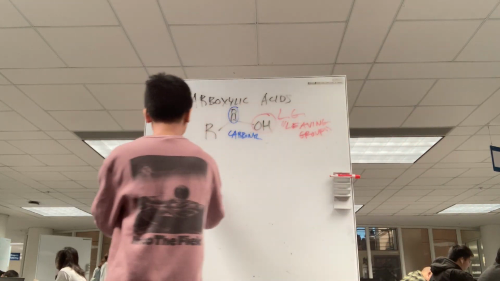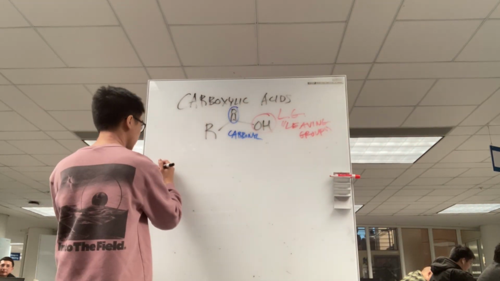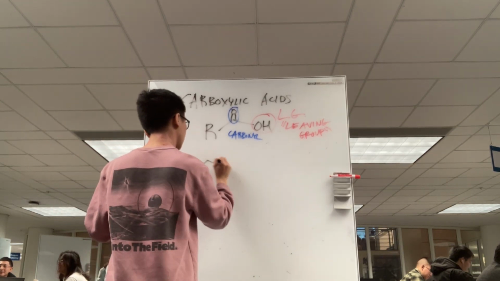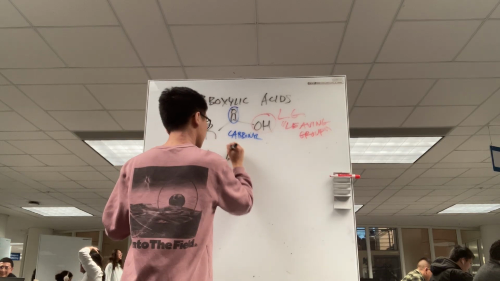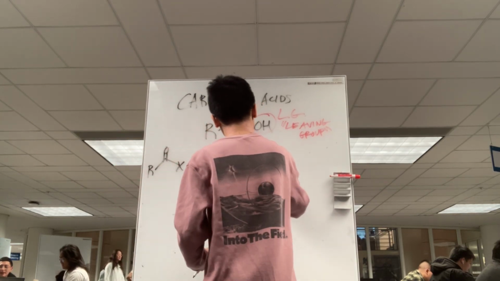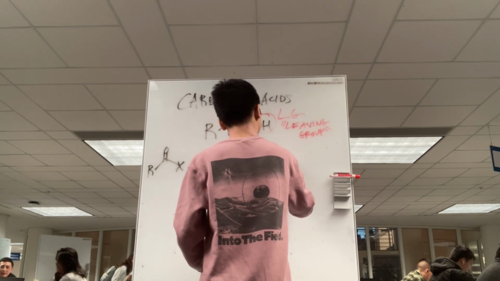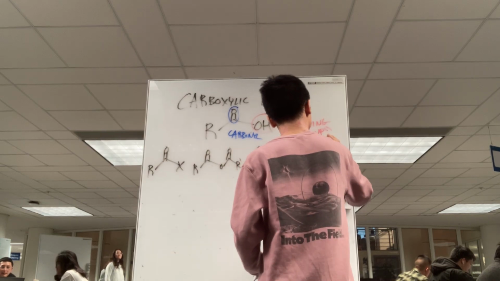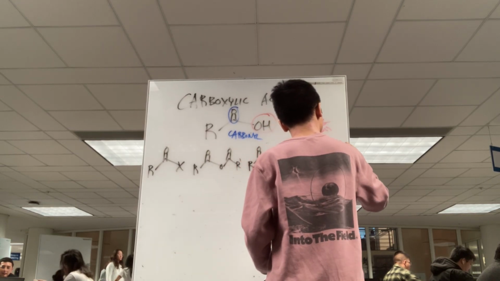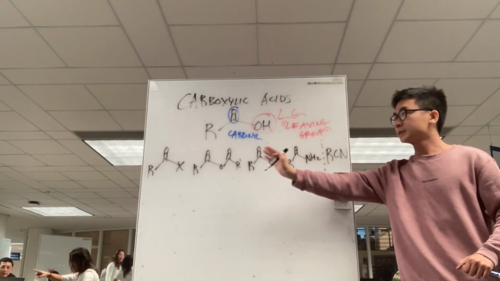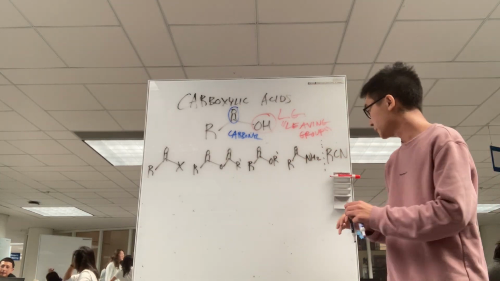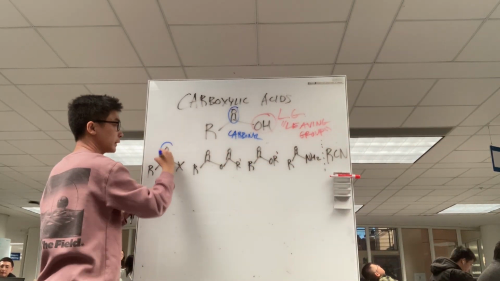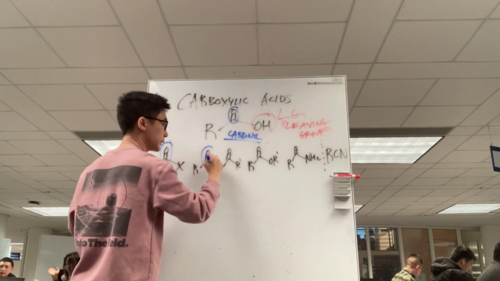So, for example, if I give you, let's say, this, this, this, this, and this right here, we'll call these the carboxylic acid derivatives because we see that all of these, except the nitrile, will have a carbon double bond oxygen, which we call the carbonyl.